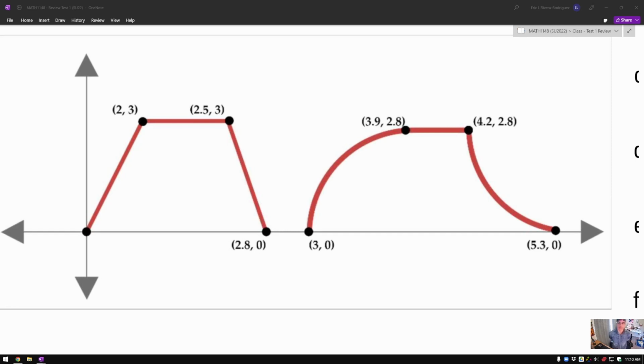Yeah, Jordan. What I need is to put on the chat the absolute maximum value, the absolute minimum value, the local or the locals maximum values, and the local minimum values. You need to look at the graph that I'm presenting.